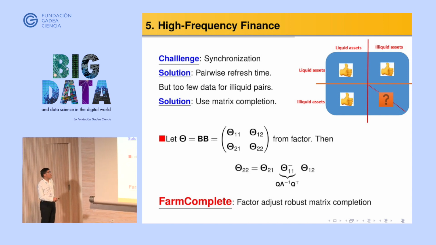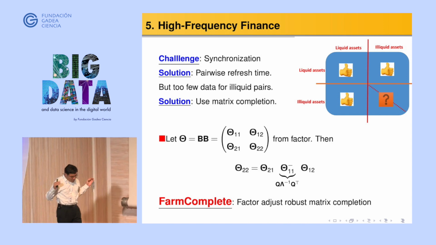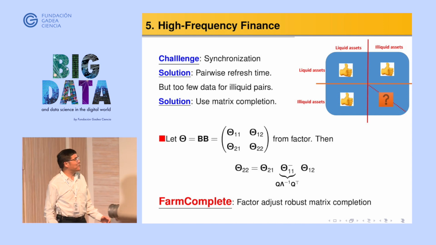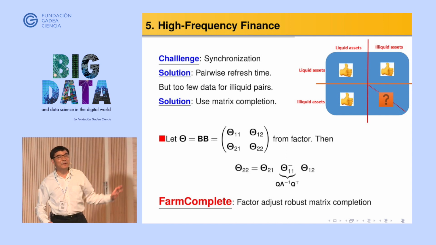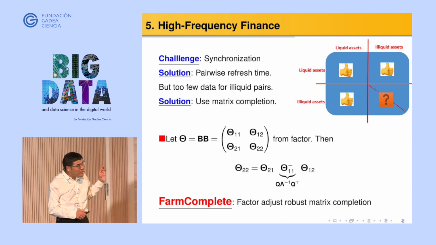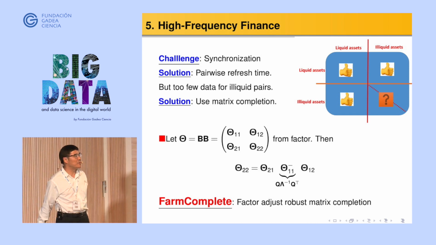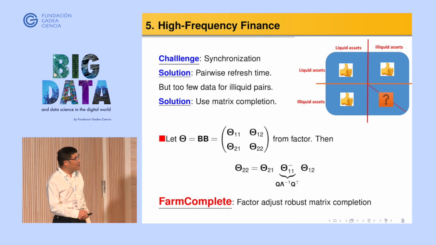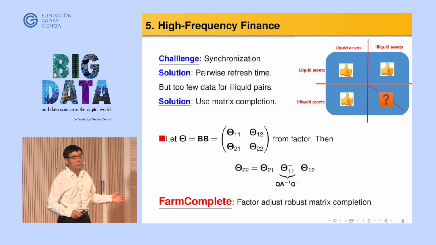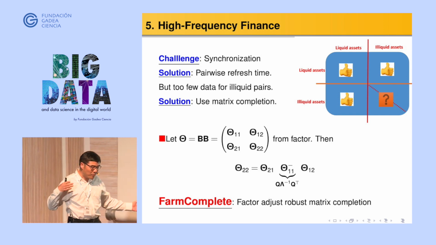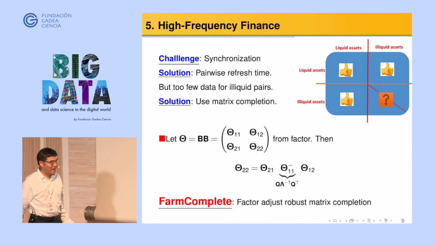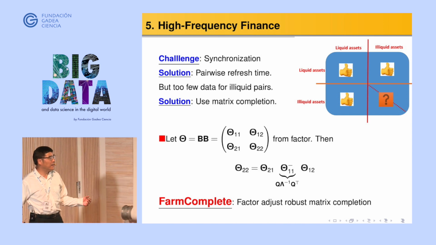And in this illustration here, I am telling you what the most challenging cases are in high-frequency finance. With liquid assets there's no problem because there is a lot of data, and synchronization is relatively easy. The most difficult case is illiquid against illiquid, right? Asking them to synchronize, you waste a lot of data.